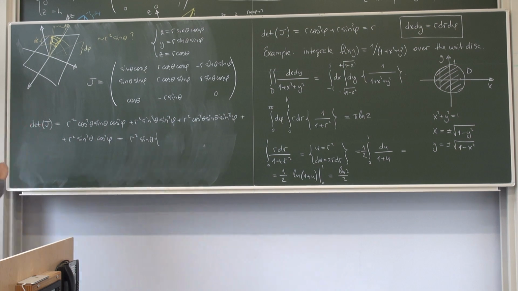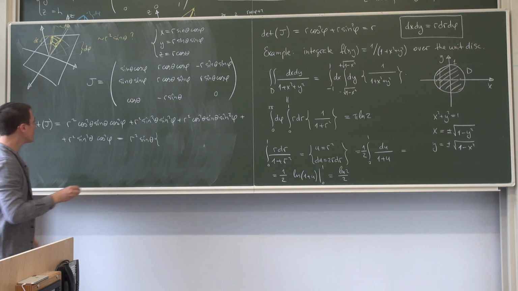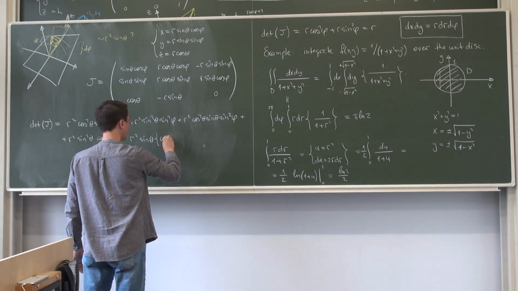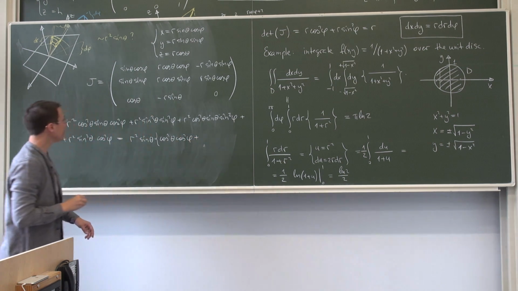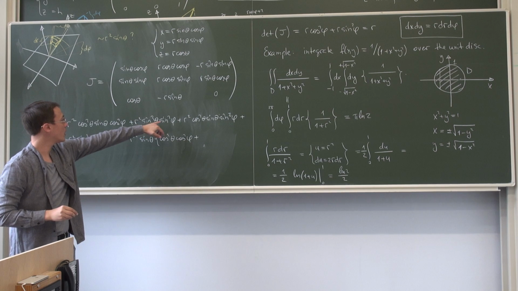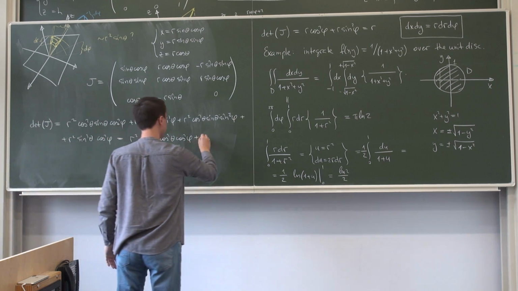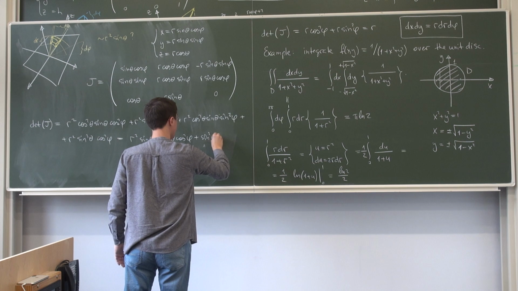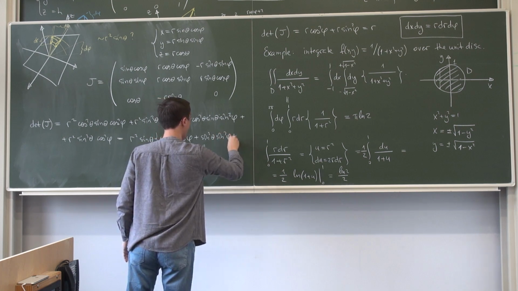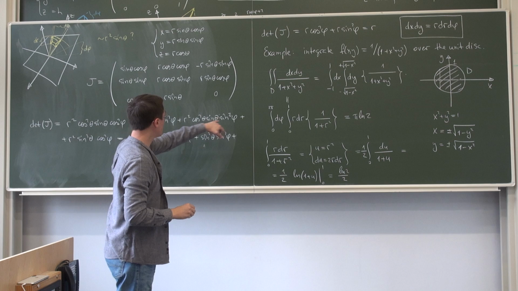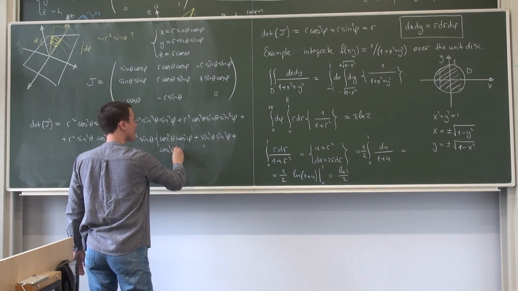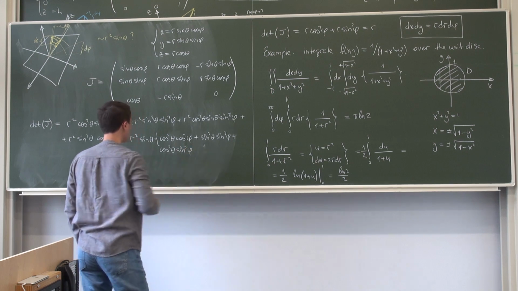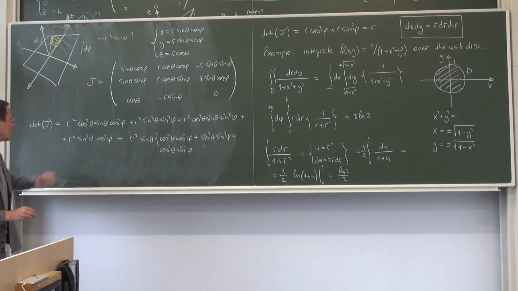And then inside the bracket, let us see what is left. Cos squared, plus in here, sine squared, then here cos squared, sine squared, and there sine squared, cos squared.